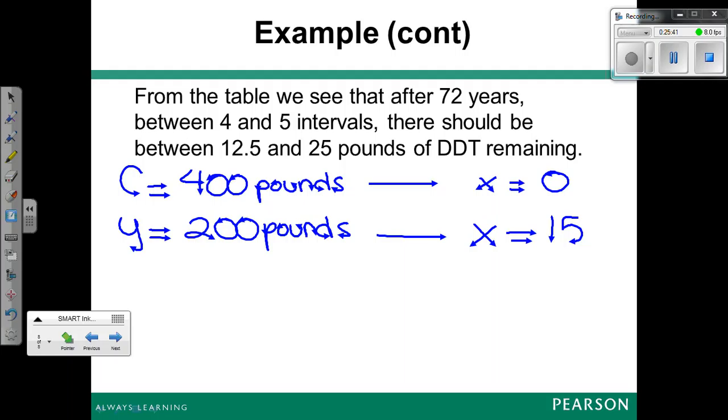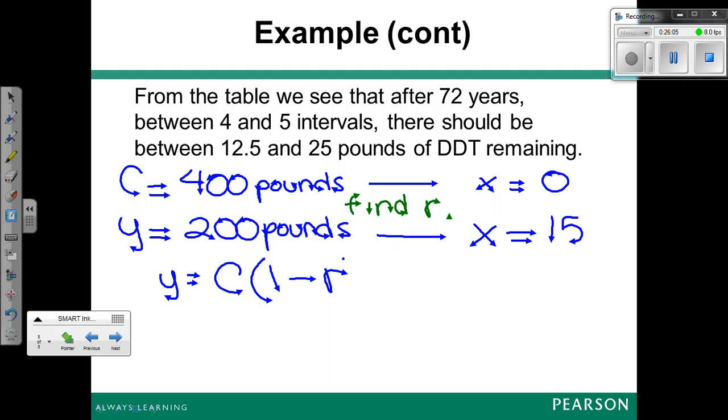So what we're going to do is find R, the rate. I'm going to use the original model, which is Y equals C times (1 minus R) to the power X. It's half-life, we're talking about exponential decay.